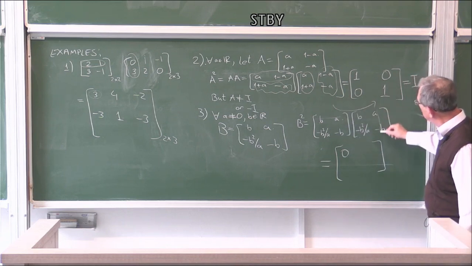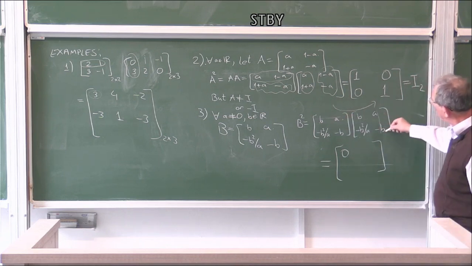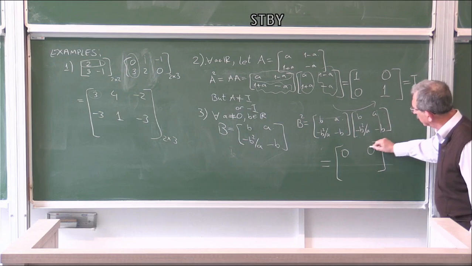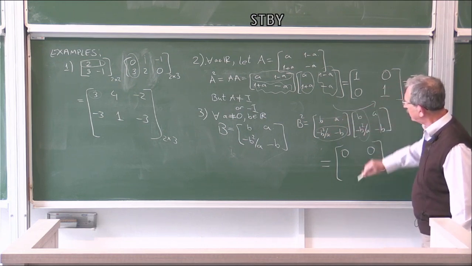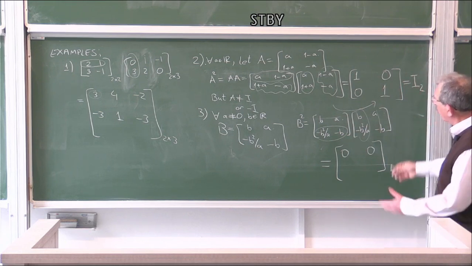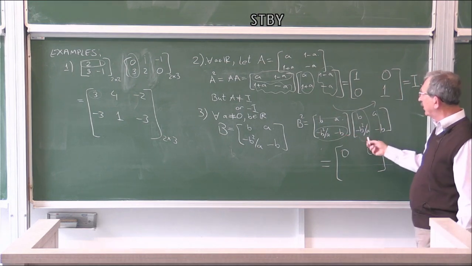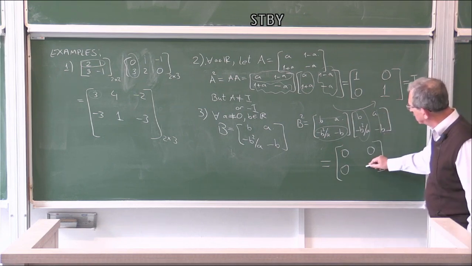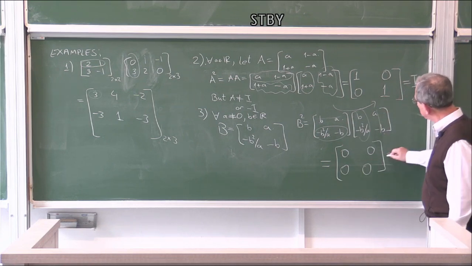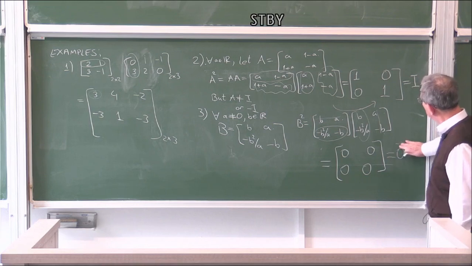This one, ba minus ab, it is 0. This one, minus b cubed over a, and this is plus b cubed over a, so that is 0. And the last one, likewise, is 0. So that's a 0 matrix.